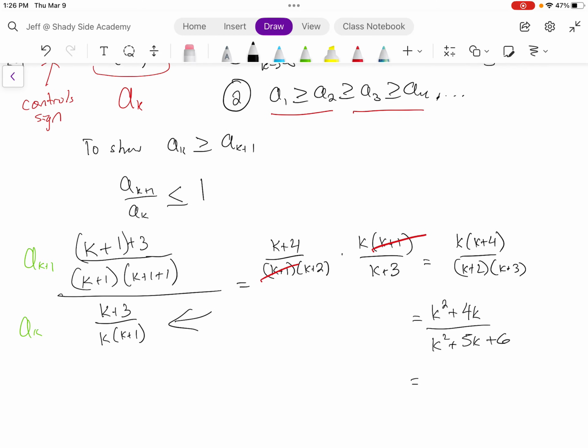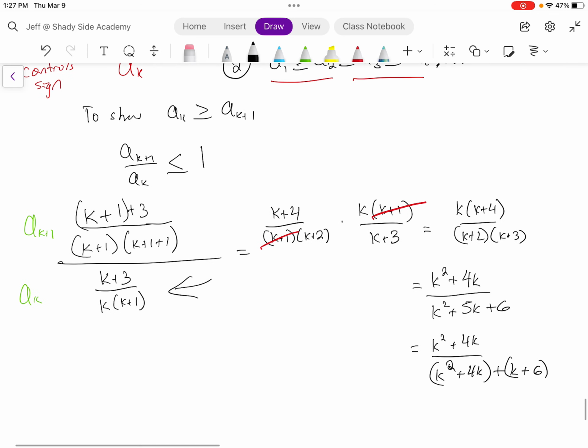So sometimes you'll see books rewrite this like this. All we're doing is separating that. And then we have this thing here where I have the same thing in the numerator and the denominator, and then something that's definitely positive over here in the denominator, right?